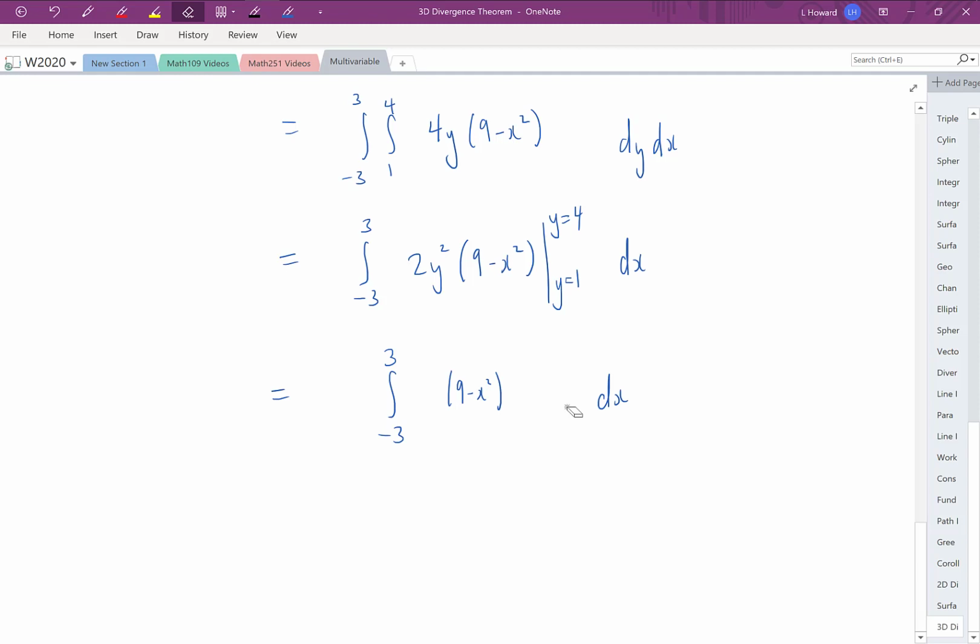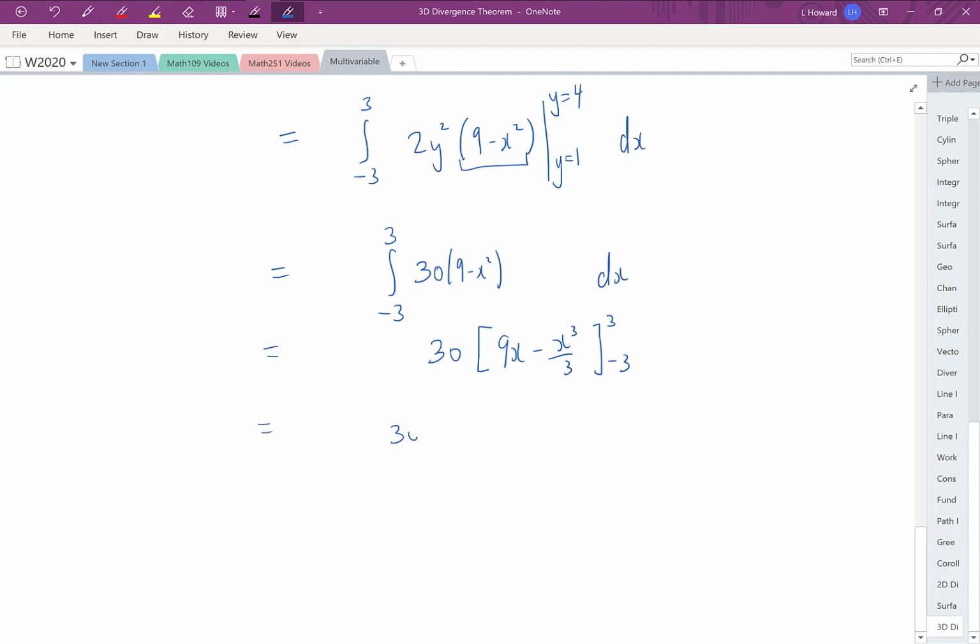So let's do that. You could just keep that factored and then evaluate the 2y squared at the 4 and the 1. So 30 times 9 minus x squared, and let's just finish this off now. So integrating our 9 minus x squared, we'd have 9x minus x cubed over 3, and that's going to get evaluated at 3 and negative 3.